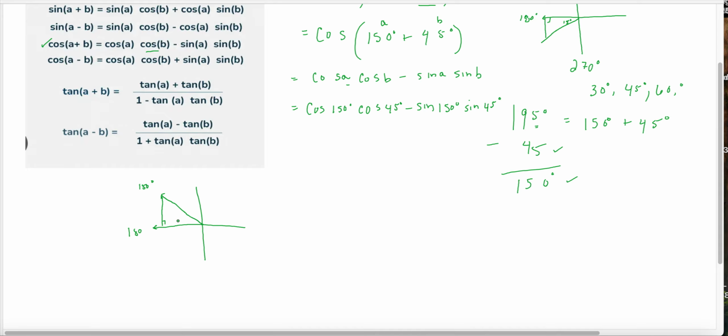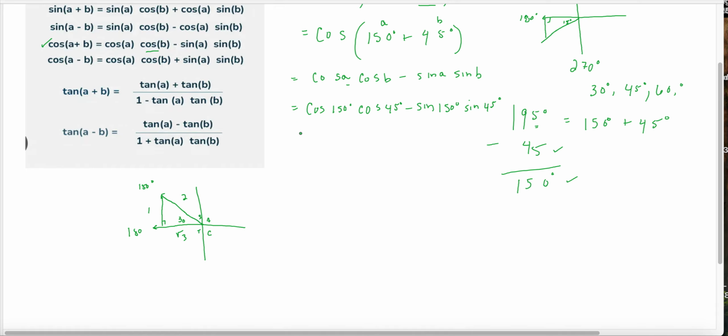The difference between 180 and 150 is 30 degrees, so that tells me my reference angle. Then I know opposite 30 is 1, the hypotenuse is 2, and the adjacent is the square root of 3. I'll also want to keep in mind what's positive where, and that's where I think about CAST.